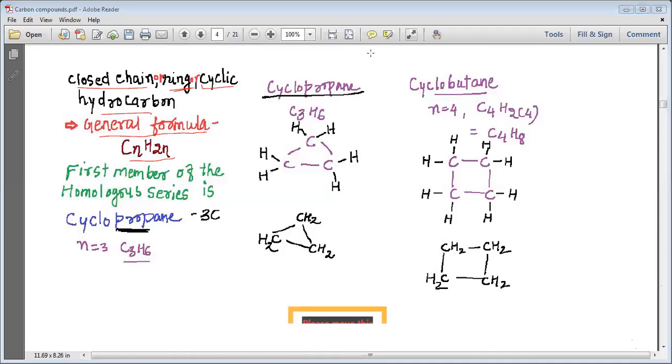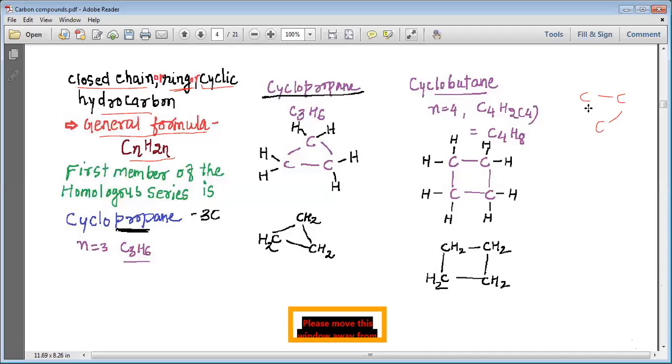We know, my dear students, that only two carbons cannot make a ring or cycle. At least three carbons are needed to make a ring, and that is why the first member of the cyclic hydrocarbons starts with three carbons.